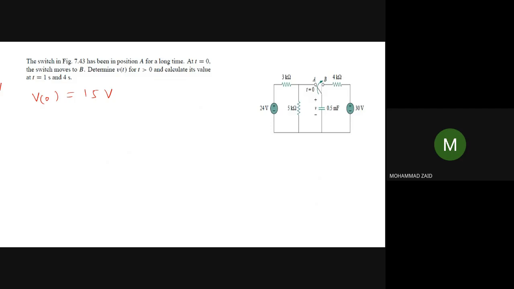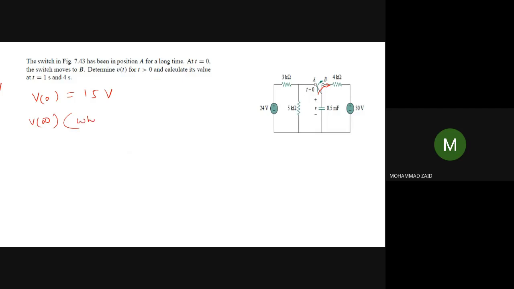Now, when the switch is thrown to this point B, what is V infinity? After a very long time, when the switch is thrown to B, what will the circuit look like? Let us draw that circuit. When is V infinity?